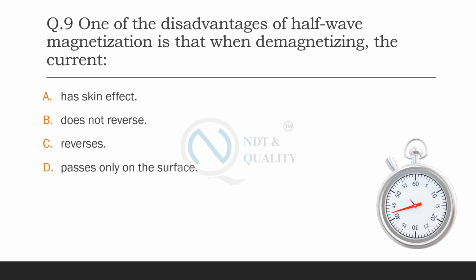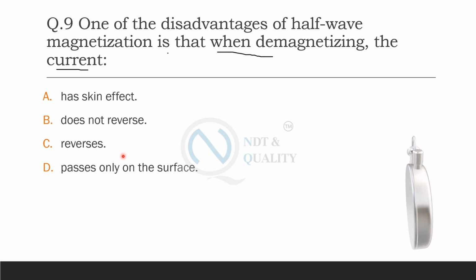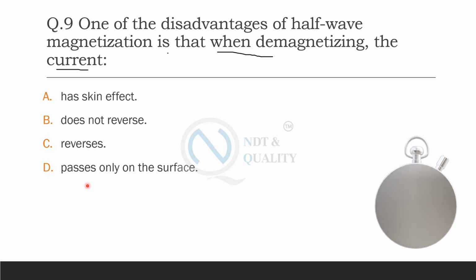Question number 9. One of the disadvantages of half wave magnetization is that when demagnetizing, the current: our options are has skin effect, does not reverse, reverses, passes only on the surface. So let me repeat the question.